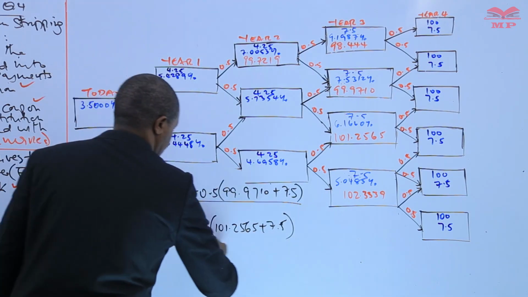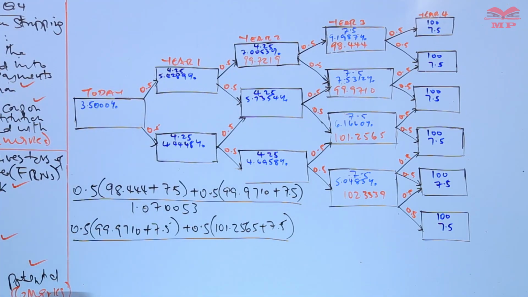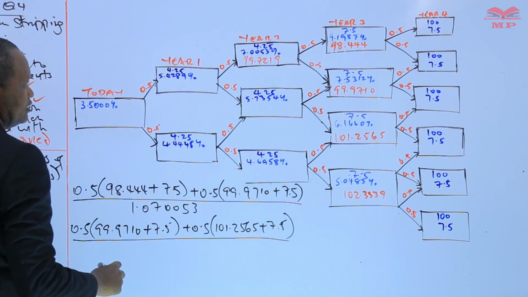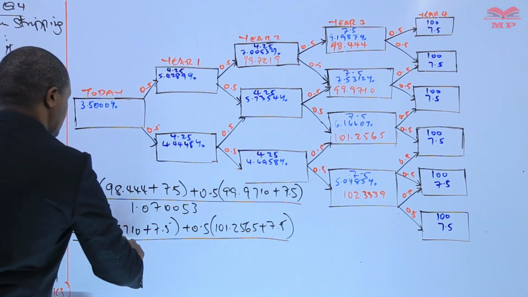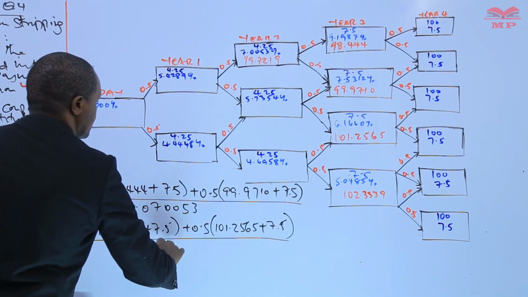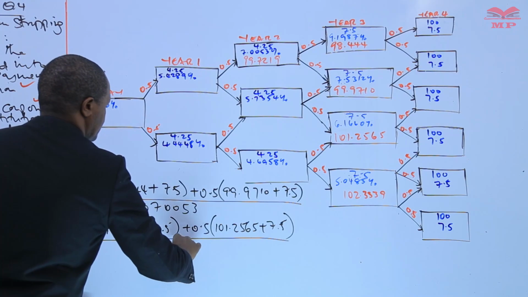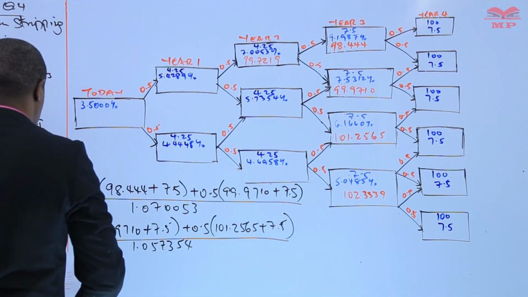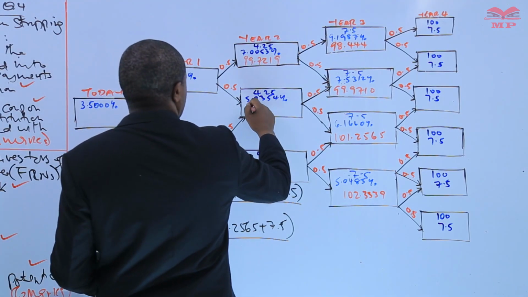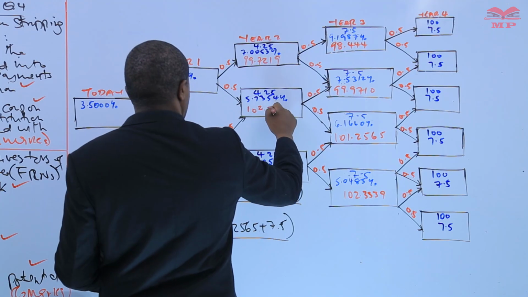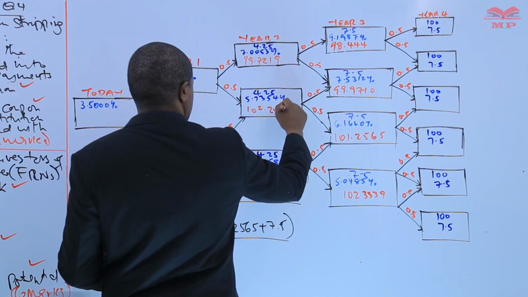We are going to divide all that by this factor. That is the discounting rate. It should be 1.057354. The answer is $102.2493.